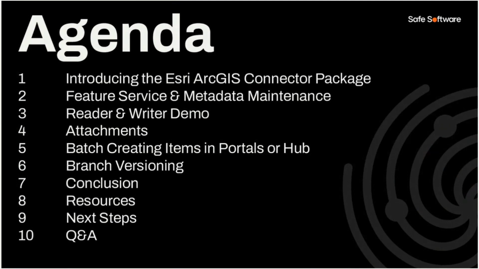From there, we'll be wrapping things up with branch versioning before we go on to our wrap-up conclusion, and then we're going to be sharing some resources with you so that you can get started yourselves, as well as next steps, and then that dedicated time for Q&A that I mentioned earlier.